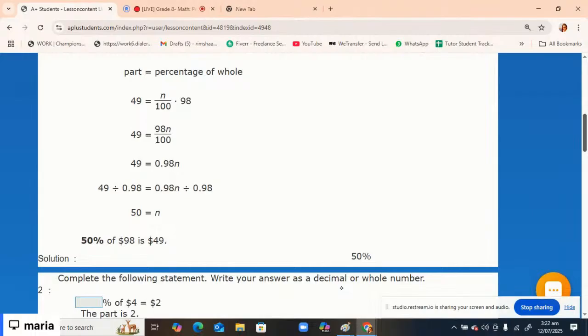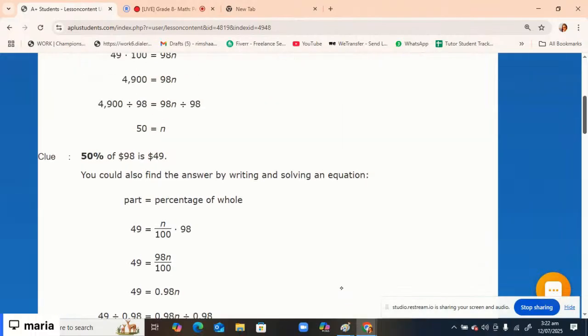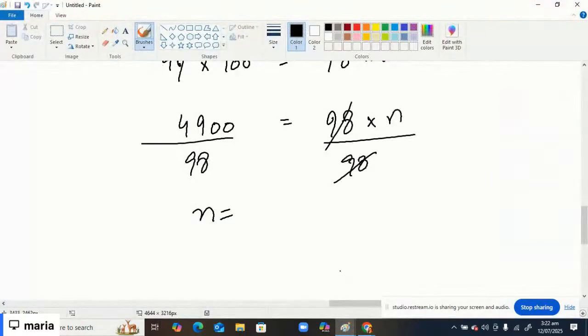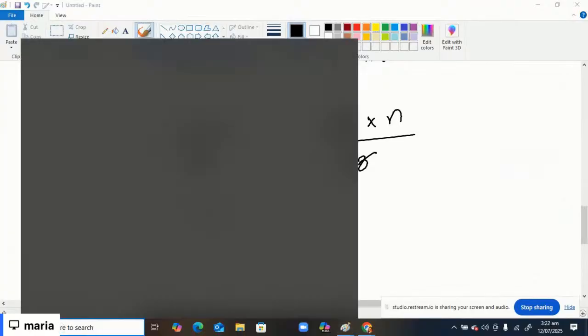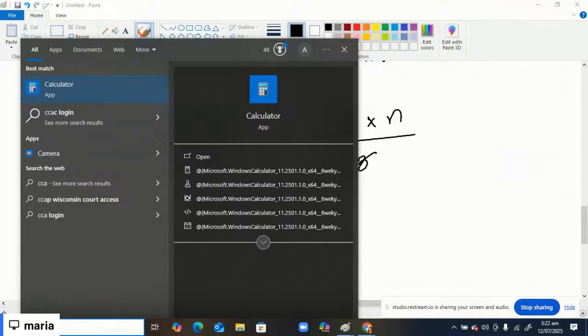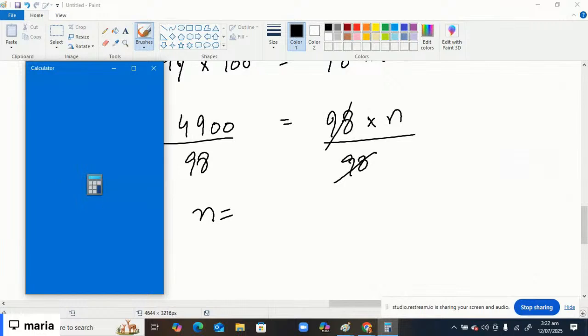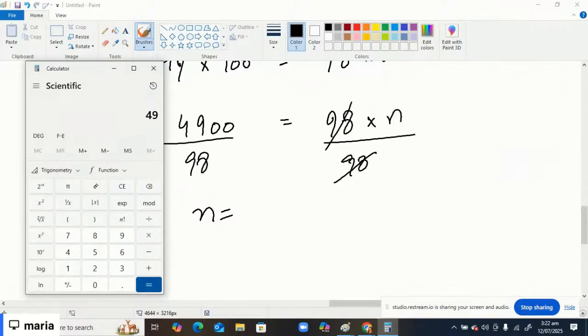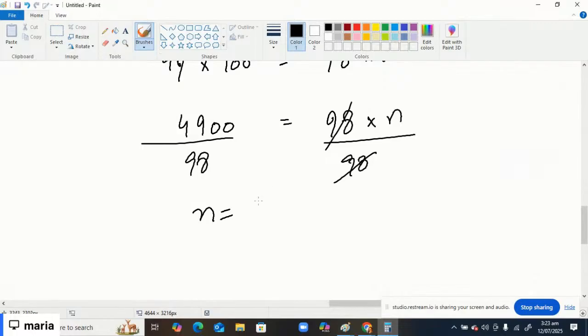Let's divide 4900 by 98. 4900 divided by 98, that is 50.